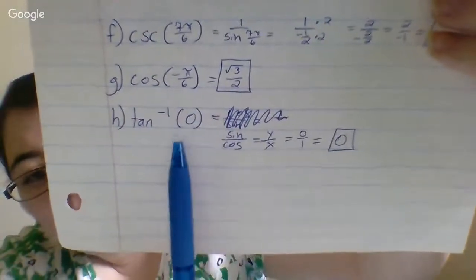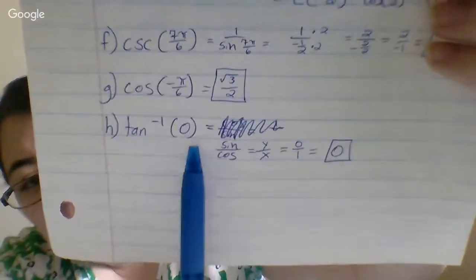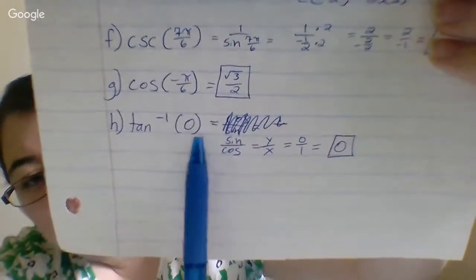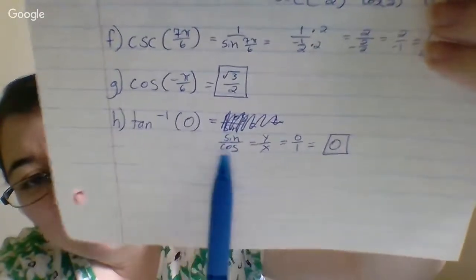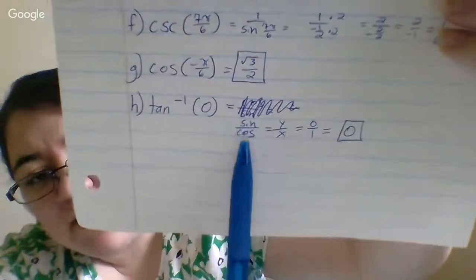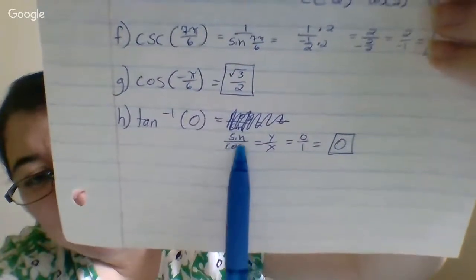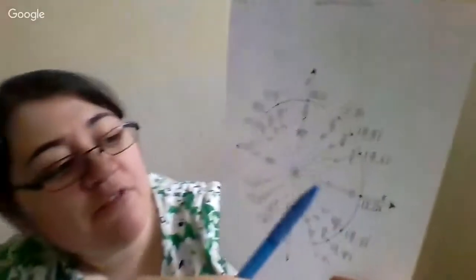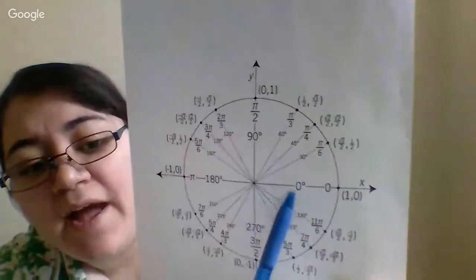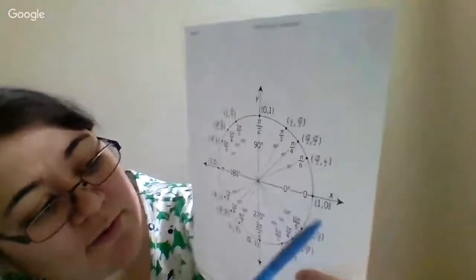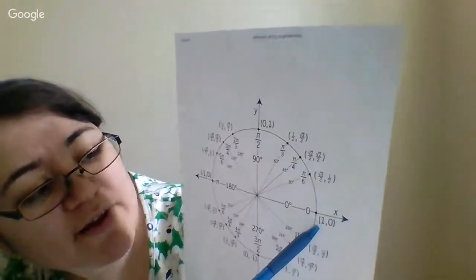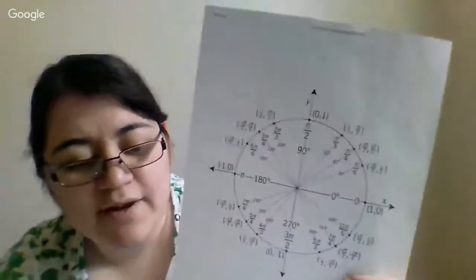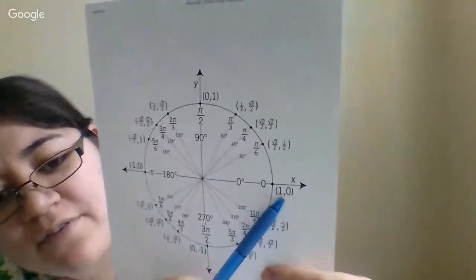So this one I kind of had to think a little bit backwards and find the value where tangent is going to equal 0. If tangent is the sine over cosine, we need to find the first place where this is going to equal 0, which if we look at our unit circle, the first place is actually going to be at 0, because the cosine is 1, which is in the denominator, and the sine can be 0.